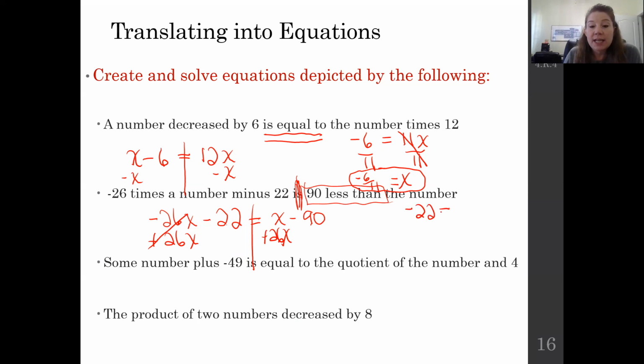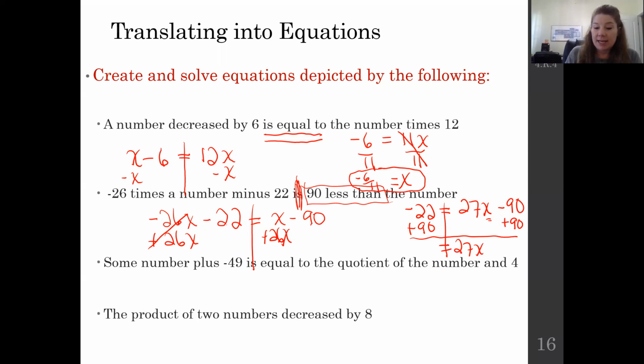Bring down my equal sign. 1x plus 26x is 27x minus 90. I want this x by itself, so I'm going to get rid of minus 90 by adding 90 to both sides. So I have 27x is equal to what?